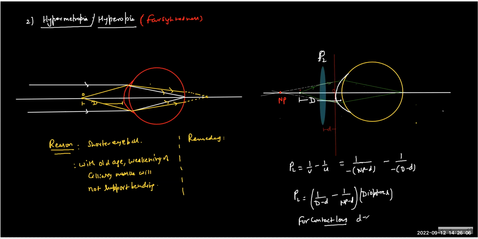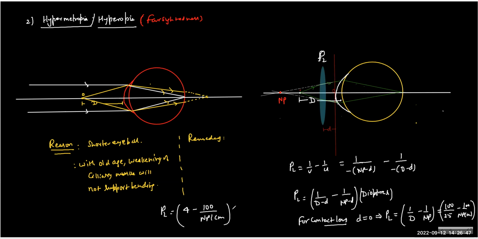For contact lens, the D will be 0, which implies, with NP in centimeter, it is roughly 4 minus 100 by near point in centimeter, and the near point is going to be more than 25, so this answer will be less than 4. So this is going to be positive diopters.